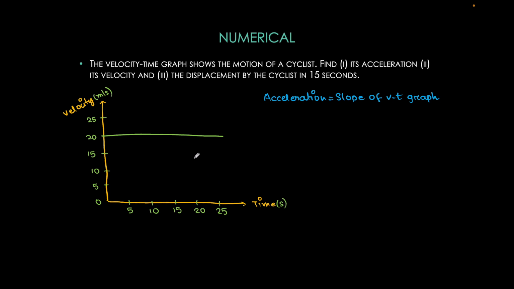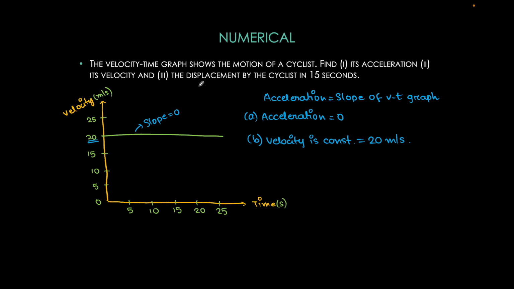And as I have shown you in the previous slide, if you have a curve which is parallel to the time axis, the slope is 0, meaning that the acceleration is 0, right? We know that if acceleration is 0, the velocity is constant. So in the next point, we're asked to find this velocity. So the velocity is obviously 20 meter per second, because it is going at a constant rate. So velocity is 20 meter per second.